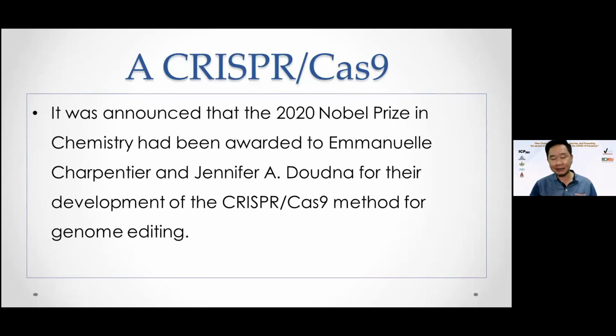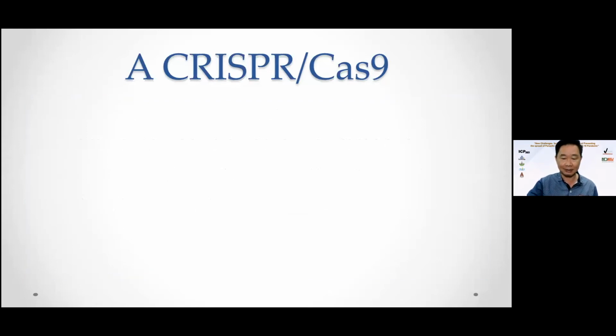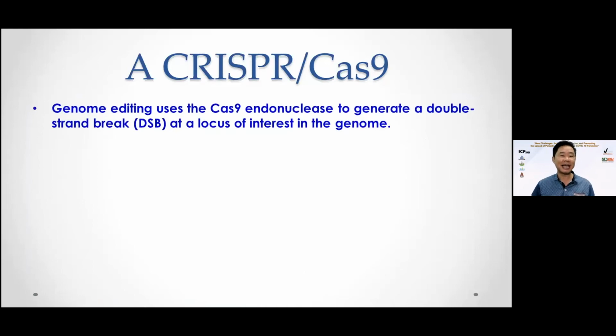So we are interested in applying this technique to investigate the function of the molecule, especially Opisthorchis viverrini Glandulin 1. So CRISPR-Cas9 is a genome editing tool. Generally, CRISPR-Cas9 is a natural mechanism of bacteria. I will tell you later.